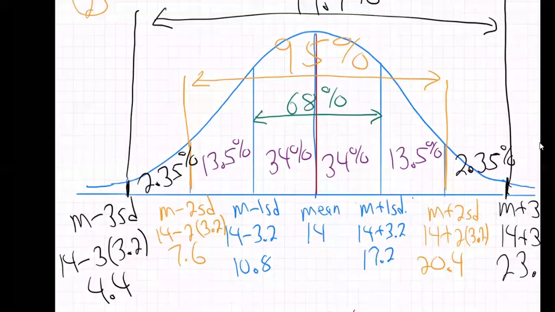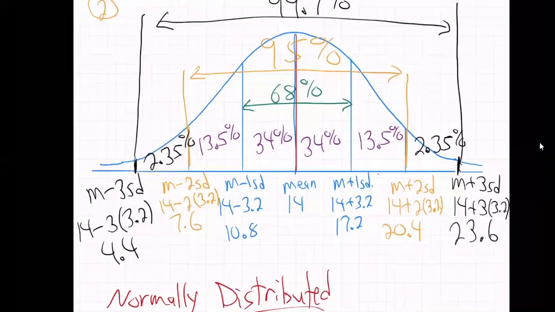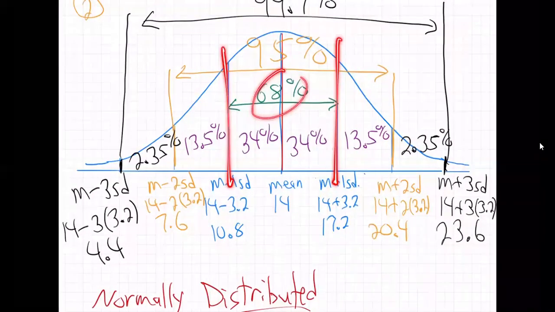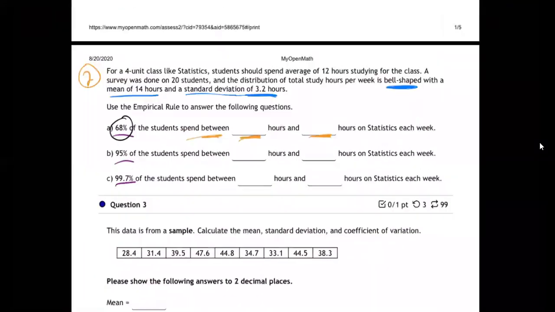They go from there to there, don't they? Which means 10.8 and 17.2. 68% of the students in the stats class spend between 10.8 and 17.2 total hours on the class every week. So that's what we fill in.